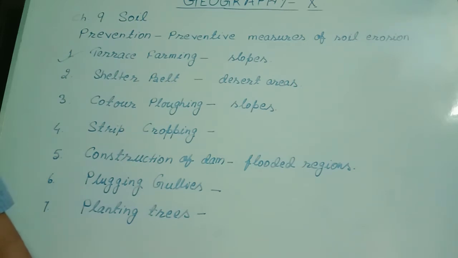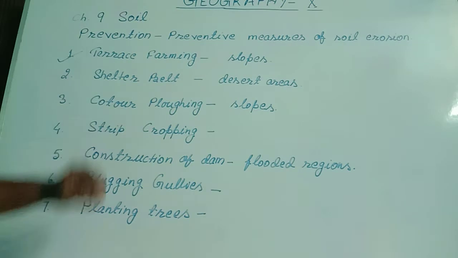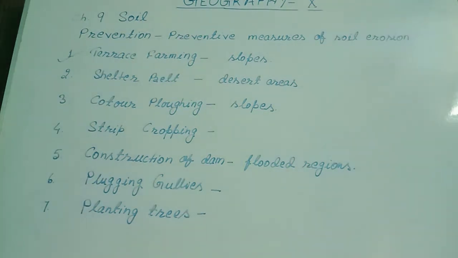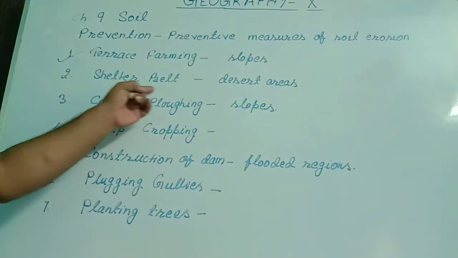So the speed of fast blowing wind is reduced by planting the trees around the agricultural land. And that type of prevention is called shelter belt.